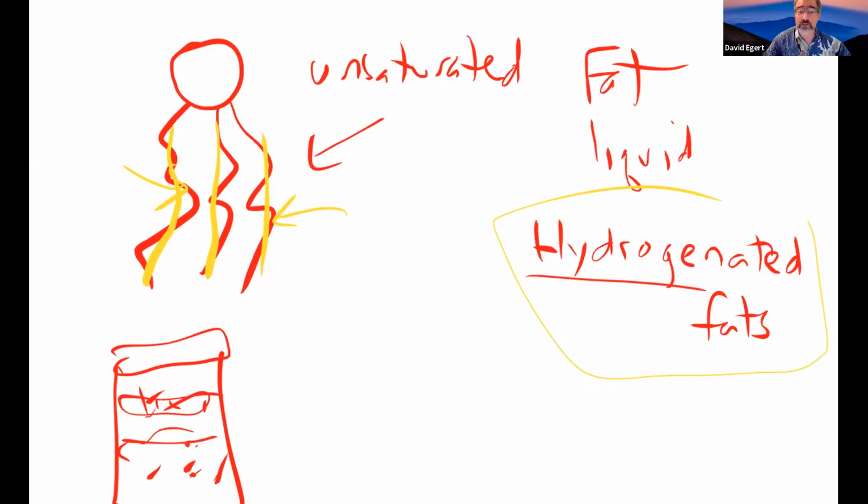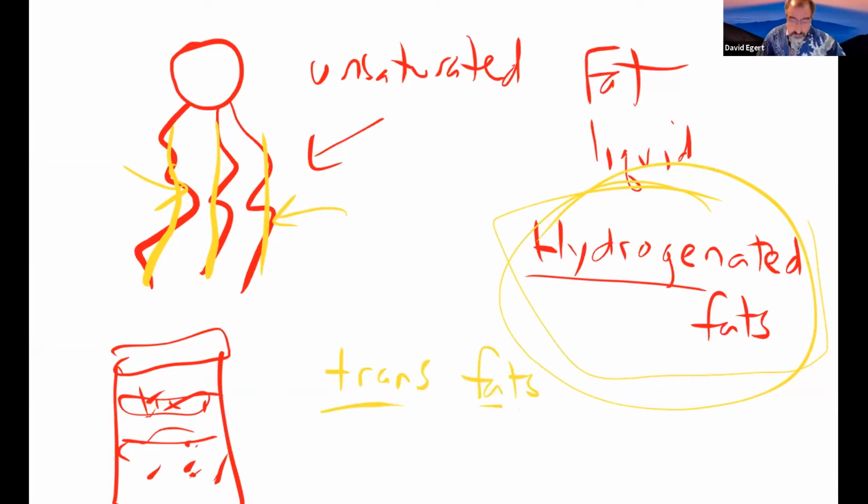And what they found was they made a huge miscalculation, because part of the hydrogenation process was creating what are called trans fats. If you remember from chemistry, you can have the same molecule, the same atoms, but have different conformations. I could have them bent this way, or the same 4 molecules bent this way.